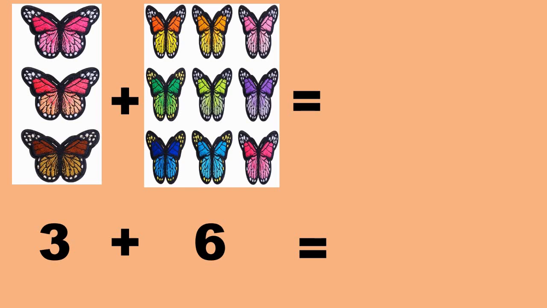So, we have to count after 6 because 6 is the bigger number. How many steps do we have to go forward? Yes, we have to go forward 3 steps after 6. Like this. 7, 8, 9. So, what answer did we get here? 9. So, 3 plus 6 is equal to 9.